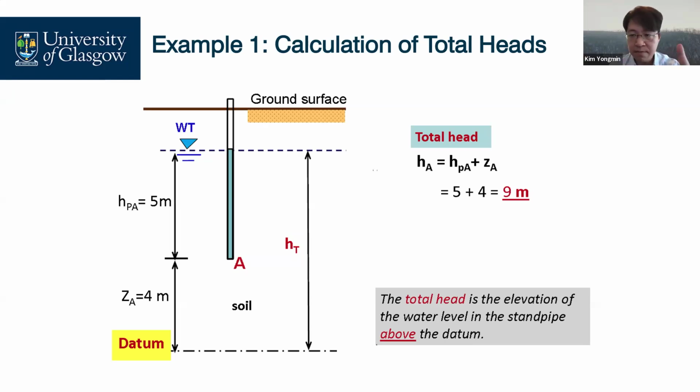Technically, 5 meters plus 4 meters, so 9 meters. So here, total head is the elevation of the water level in the standpipe above the datum. Yes, above the datum. Simply.